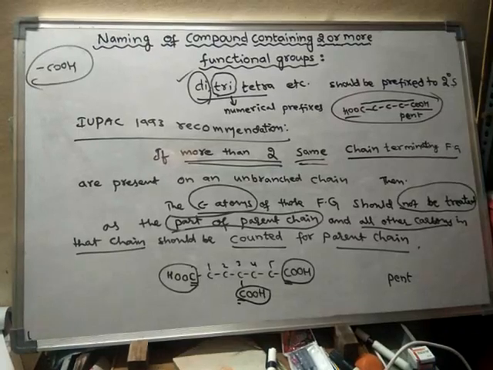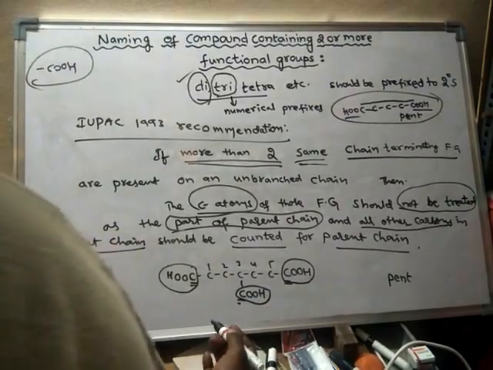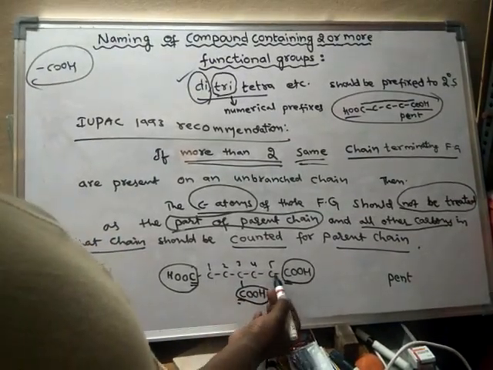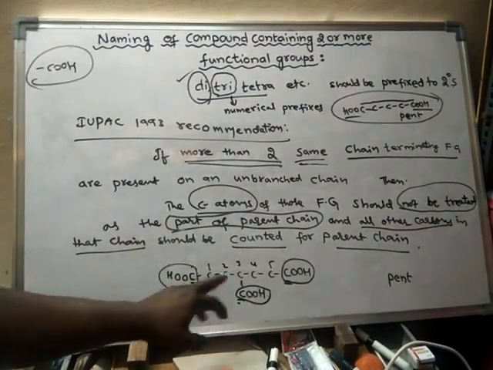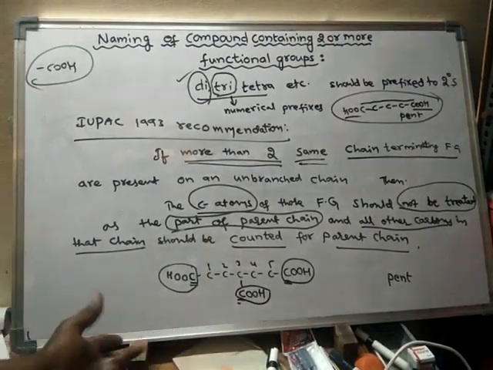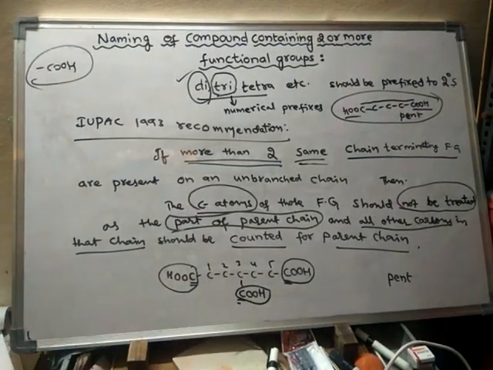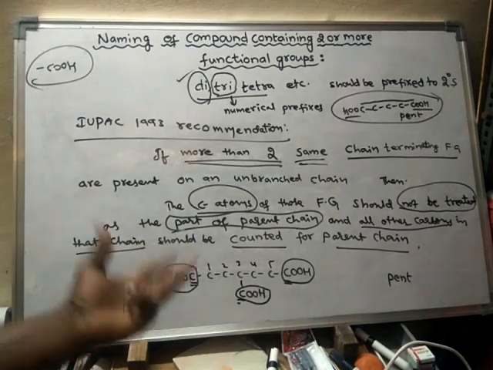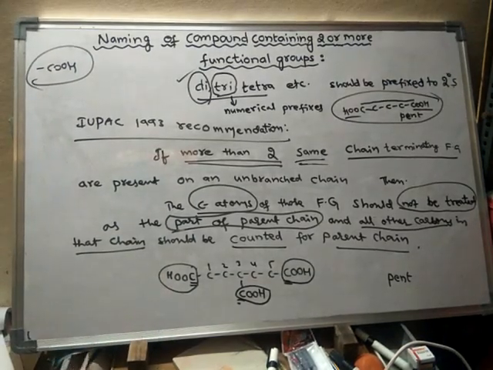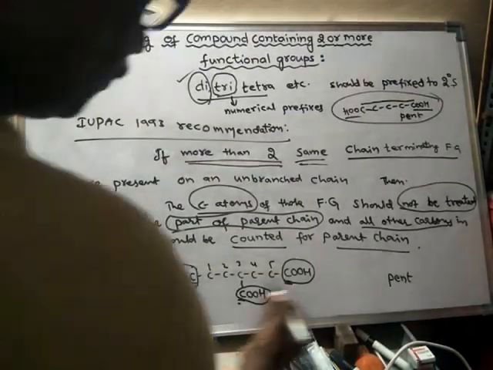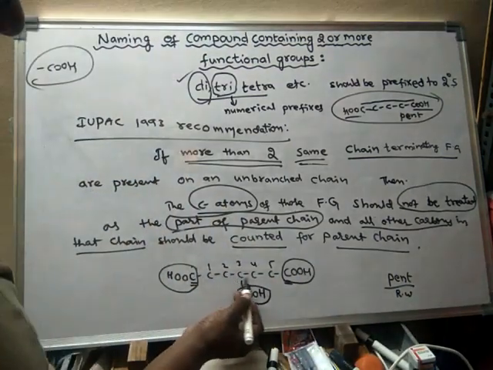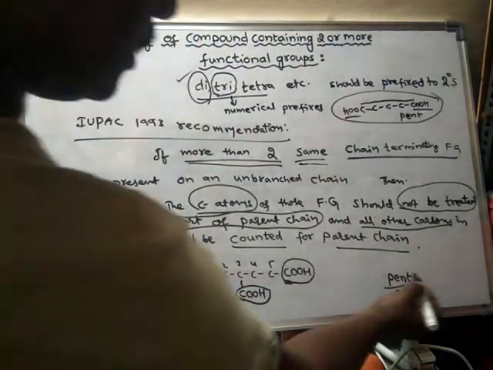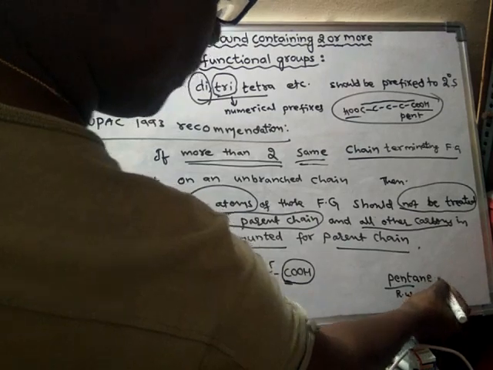Because there are no substituents, no side chains and no branching, the secondary prefix is absent. There are no other secondary functional groups either. So the root word is pent, and between carbons of the chain there are only single bonds, hence ane: pentane.